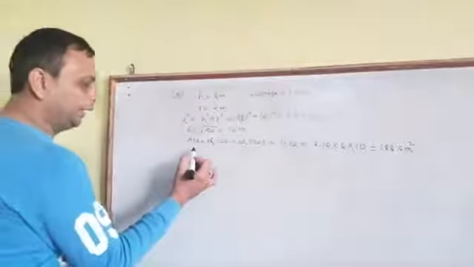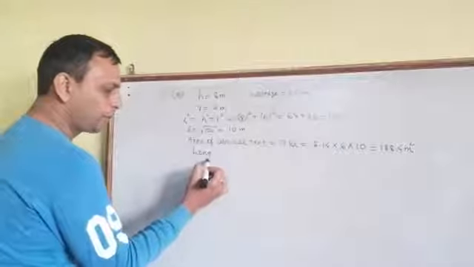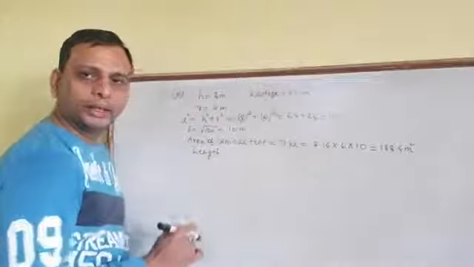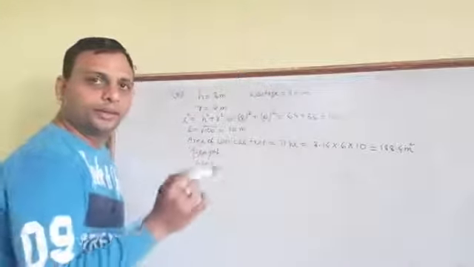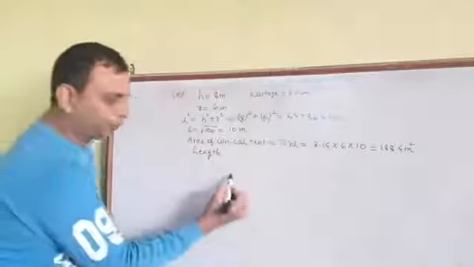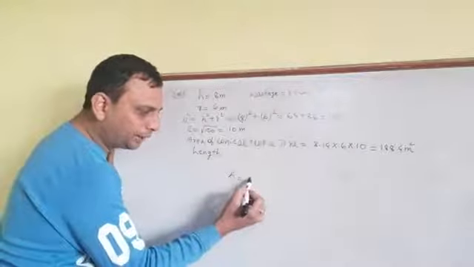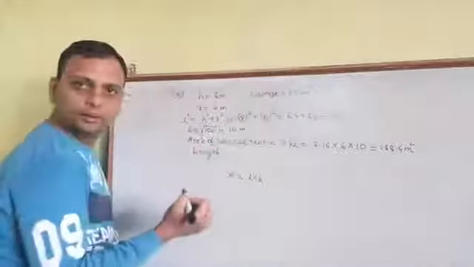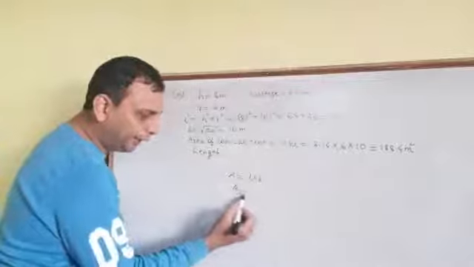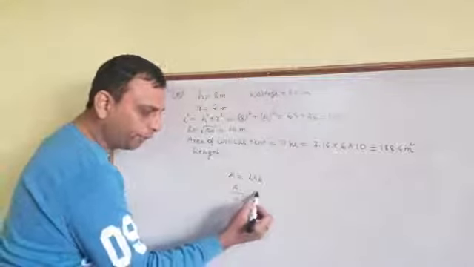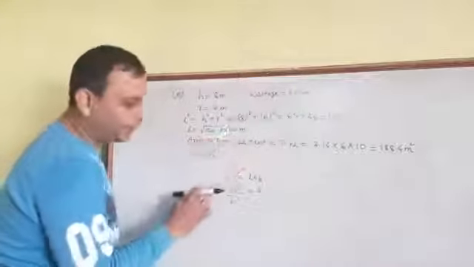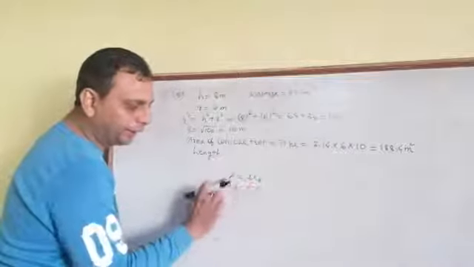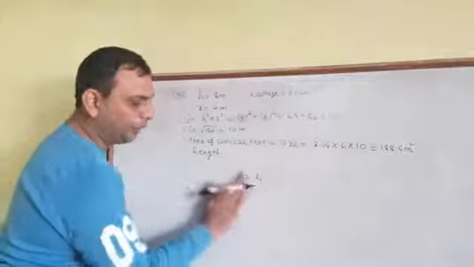Now I have to find the length. How do we find the length? Area is equal to length into breadth, A is equal to L into B. So I need the length, and what I will do is divide the area by the breadth. If I divide area by the width, I will get the length.